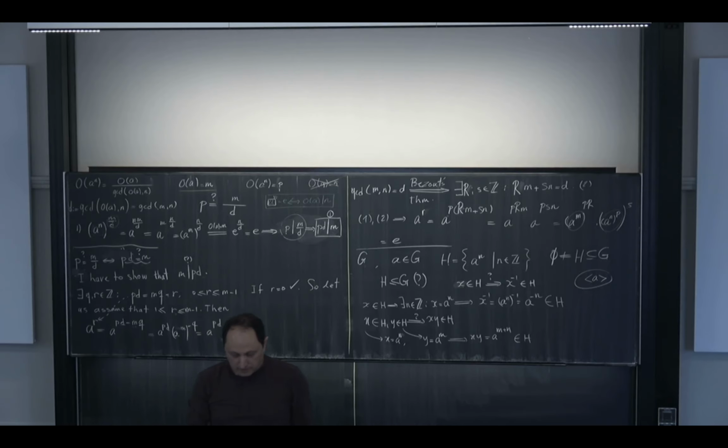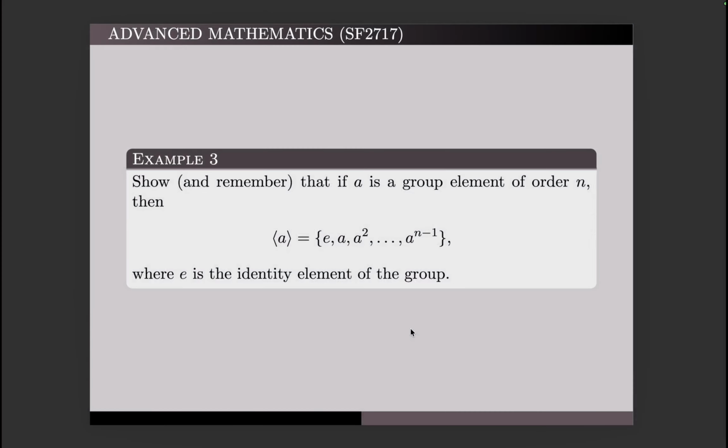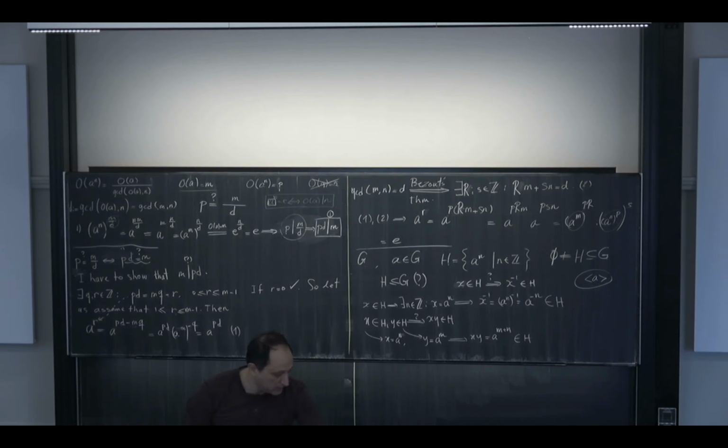So this example number 3, show and remember. That's good to remember. If a is a group element of order n, there is a very simple, nice formula for the subgroup generated by a. Okay? So what I want to say is this.